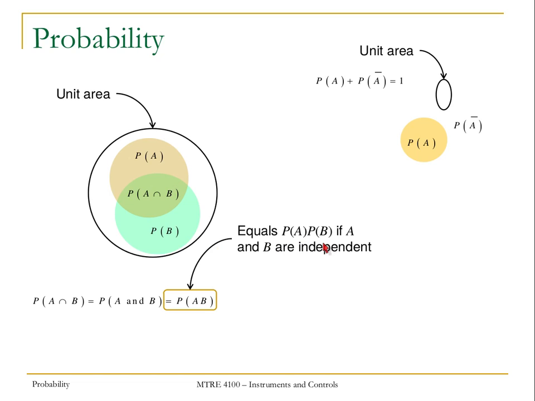of the two. For example, say we were assembling computers and we bought the PC from one vendor and the monitor from another vendor, and the PC had a likelihood of failing of 10%, so the probability of a defective PC was 10%, and the probability of a defective monitor, so that would be B, probability that a monitor would be defective would be 5%.